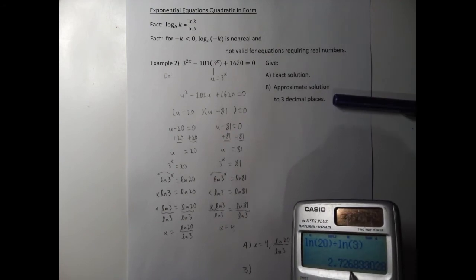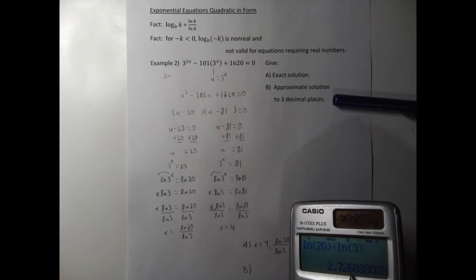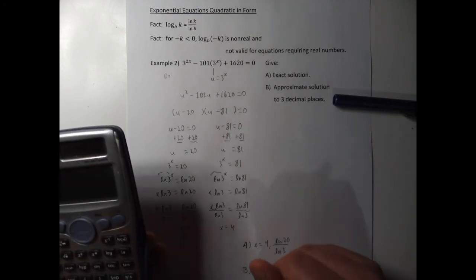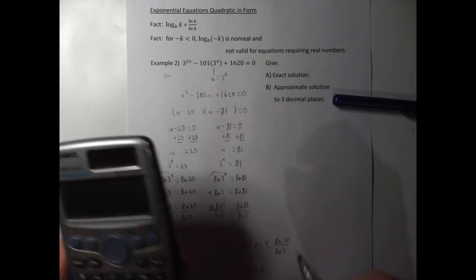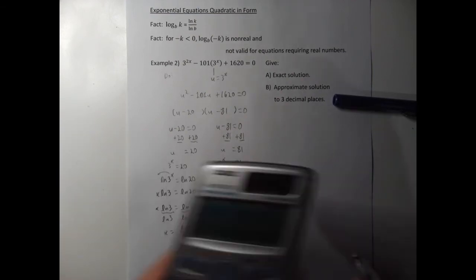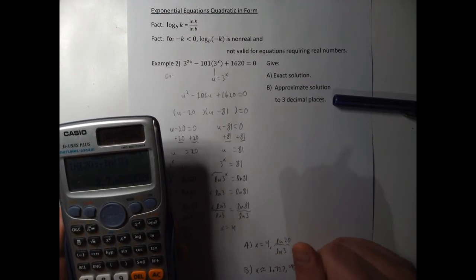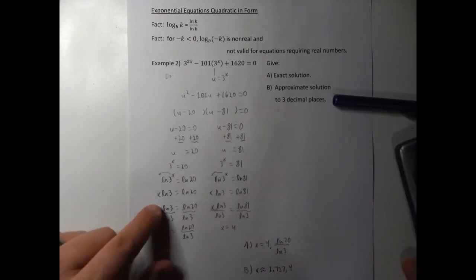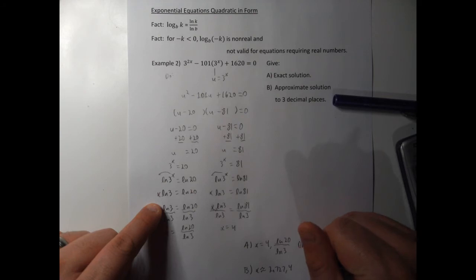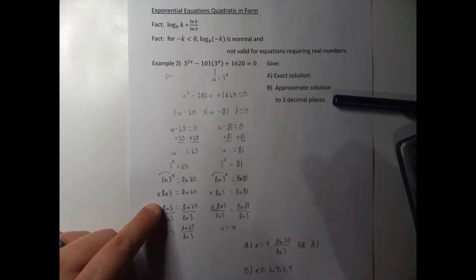That's the 3rd decimal place right there. The next digit is 5 or greater, so we're going to 2.727. I'm going to write it first because it's lower than 4. So 2.727, comma 4.